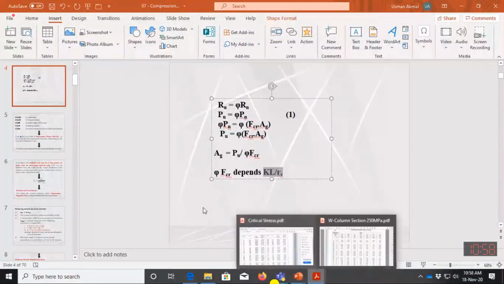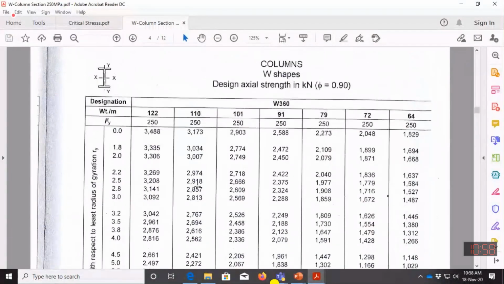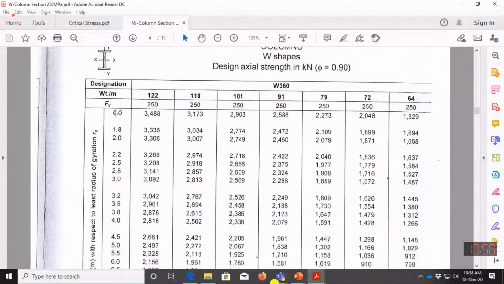So this table has been developed because for this section, W360 into 122, we know the gross area and we know the radius of gyration about the y-axis. So we are assuming different lengths. Here he has assumed the length 1.8. If we assume the effective length 1.8, we can easily compute the slenderness ratio about the y-axis.